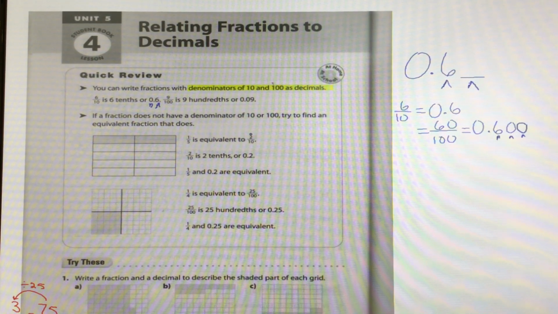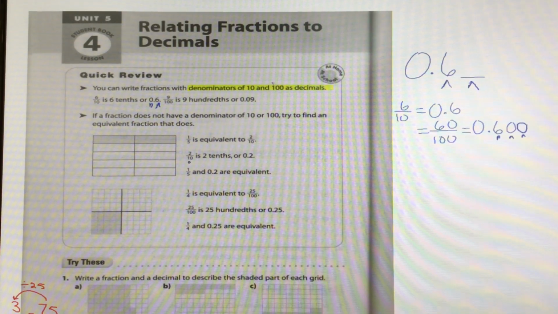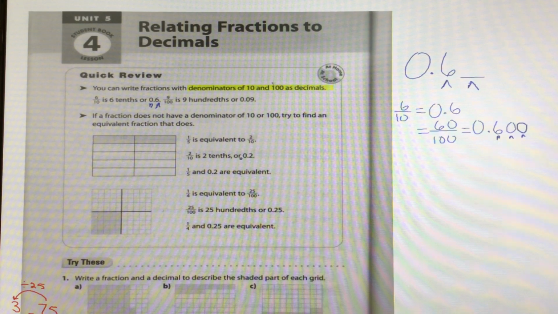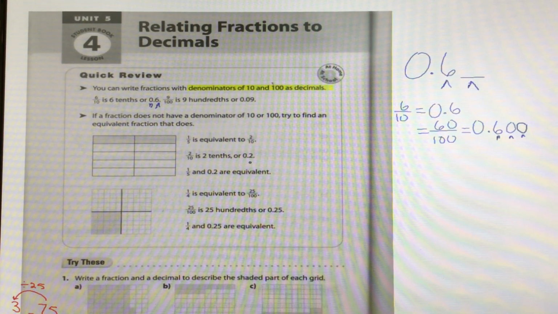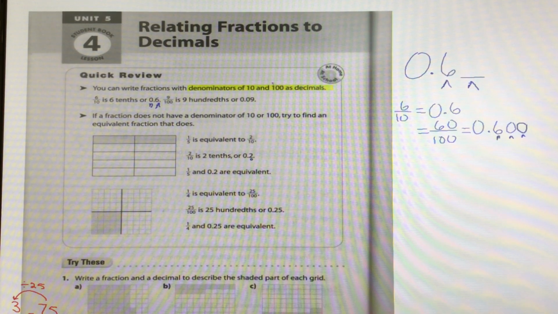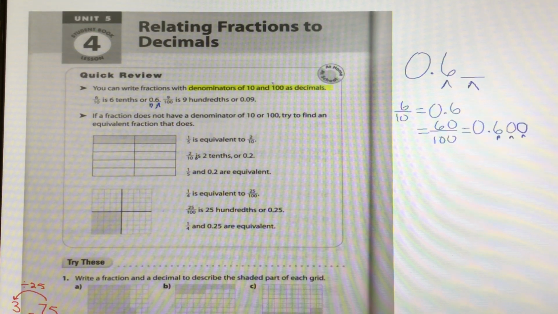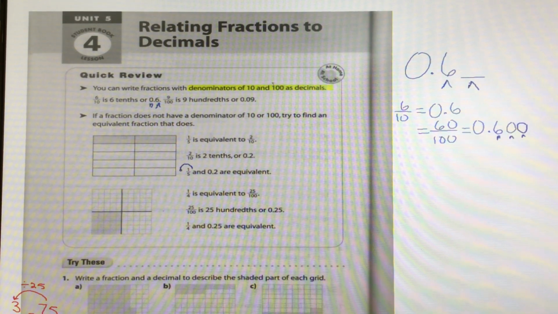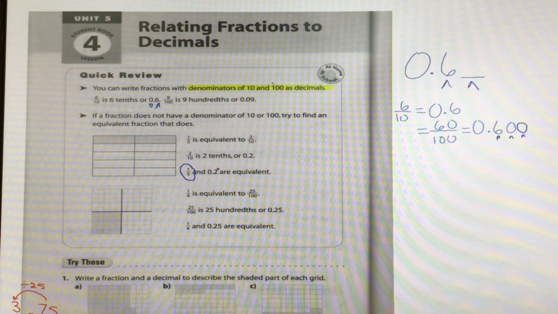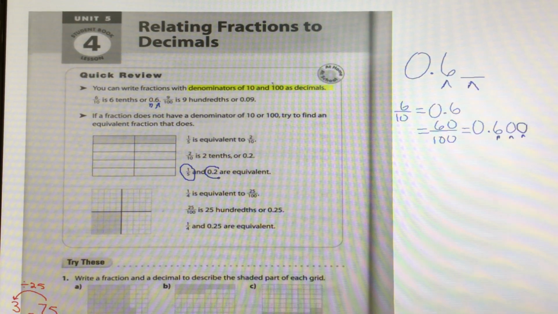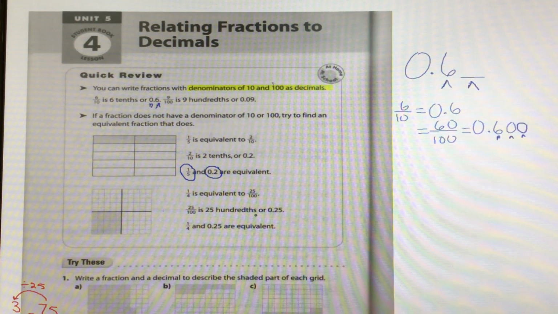So we come to 2 over 10, which is 2/10 or 0.2. That's our ones column, that's our tenths column, 2 in the tenths column or 2/10. So we can say that 1/5 and 0.2 are equivalent.